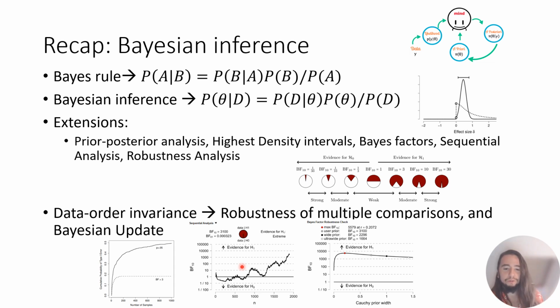You can also do robustness analysis. It's the same idea, but instead of including new data, you start to change the prior. Normally, you change the informativeness of the prior, which is basically the variance parameter of your distribution, but you can tweak anything that you want in the prior, for example, the mean parameter or any other thing.